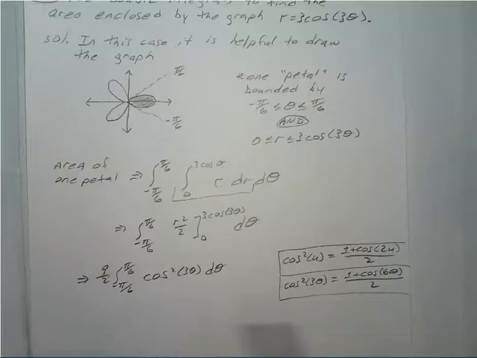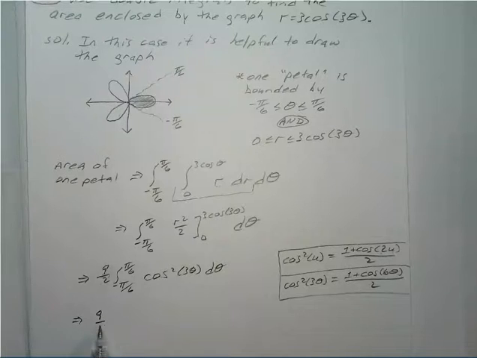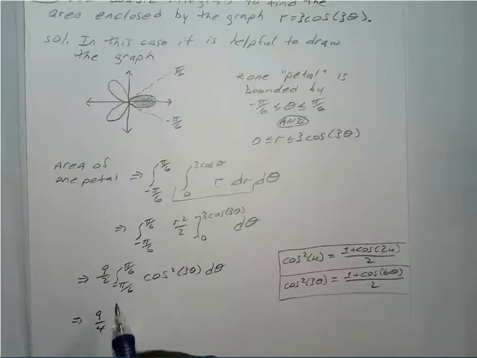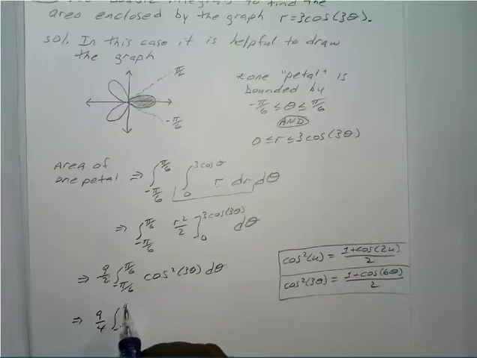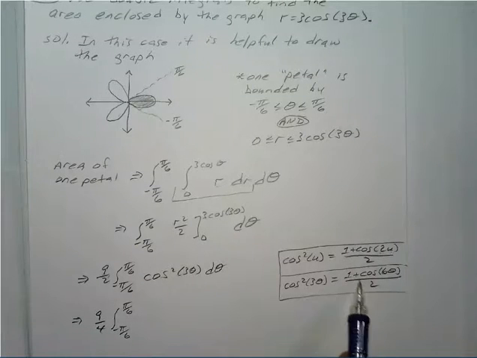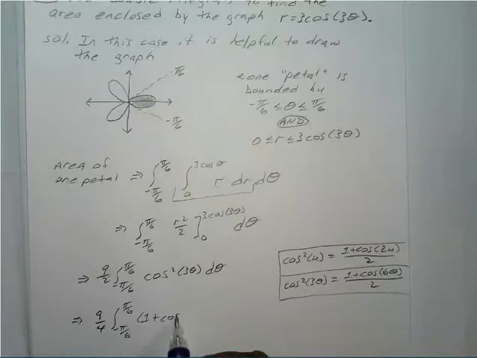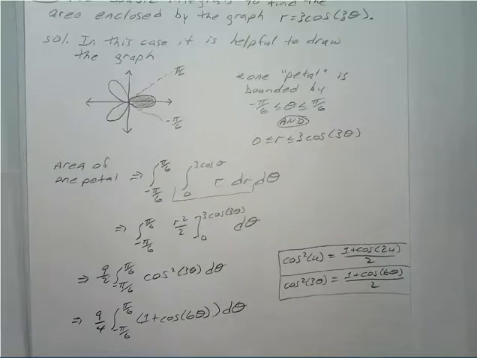So if we bring that 2 out front, that's just going to be 9 over 4, the integral from negative pi over 6 to pi over 6 of 1 plus cosine of 6 theta, d theta.